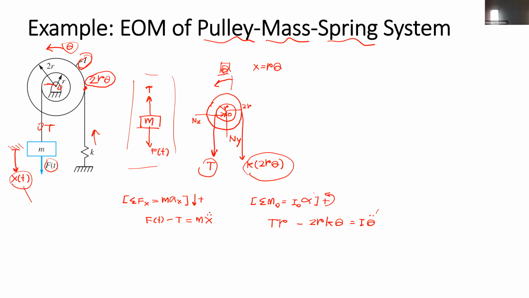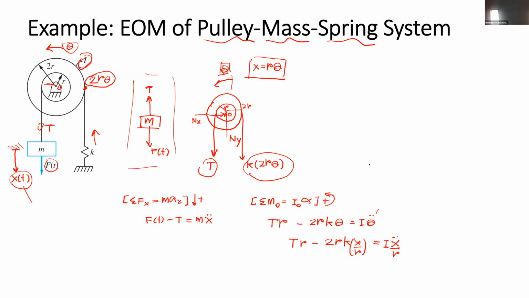So from the kinematic relationship, here we have the torque, the tension multiplied by the radius, equal to 2r k, and theta is x divided by r, equal to I, and theta double dot is x double dot divided by r.